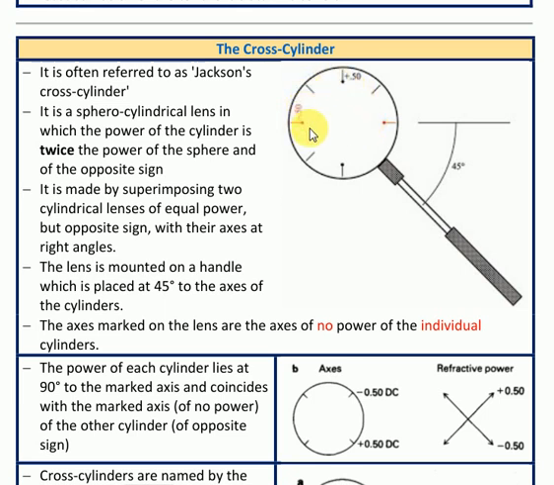Now how do we check the axis? First, the cross cylinder is held before the eye, with the handle in line. This is the handle. To check the axis, the handle should be in line with the axis of the trial cylinder. The cross cylinder is then turned over. The patient is asked which position gives a better visual acuity.